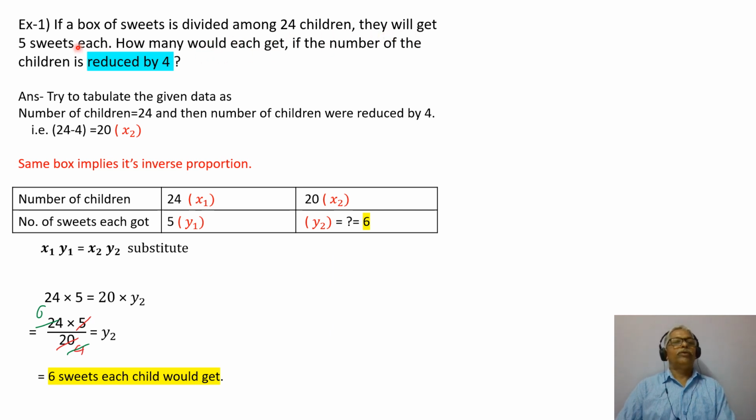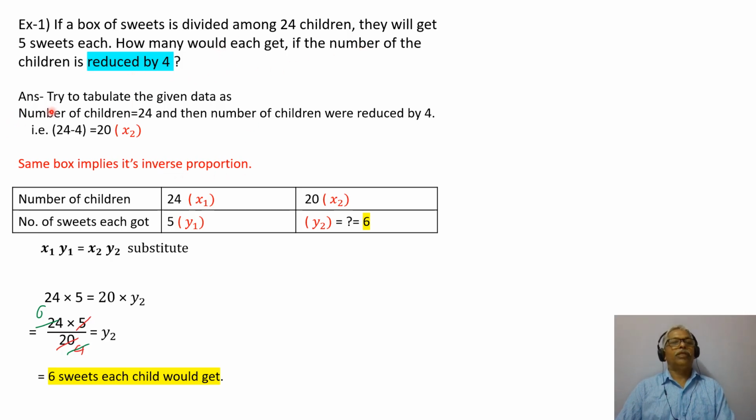See here the same box. If a box of sweets is divided among 24 children and each is going to get 5, the box is the same, which shows that this is an inverse proportion problem.